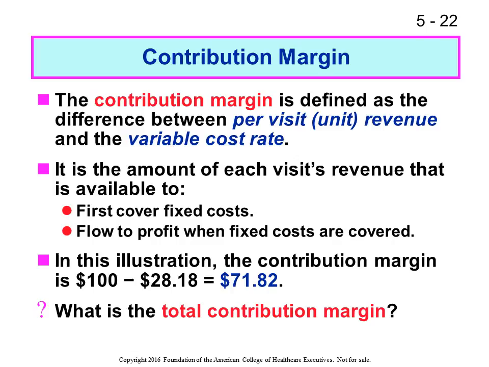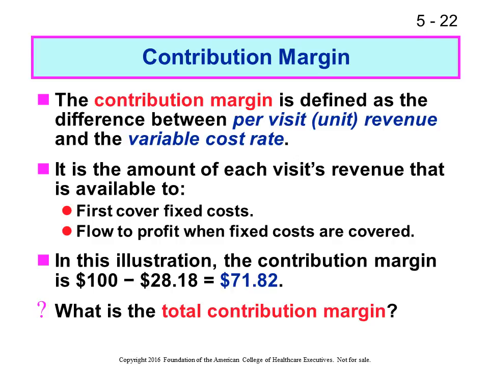But when you figure out what your variable cost rate that you already calculated per patient was $28.18, then if that patient's total charge was $100, where you've already projected that each patient is going to cost at least $28.18 per visit, that means your contribution margin is like $71.82.